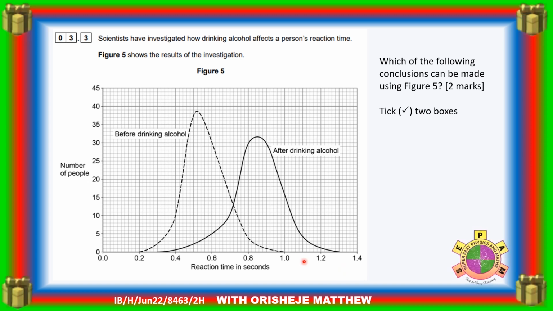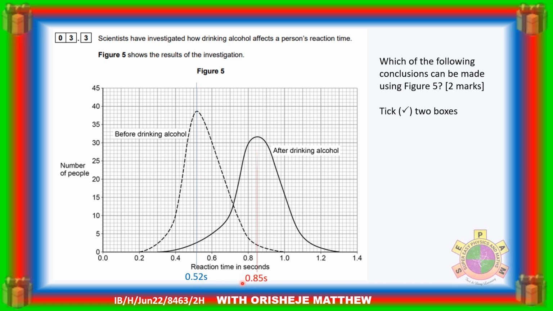Which of the following conclusions can be drawn from figure 5? First, let's look at the reaction time. The mean reaction time before drinking is about 0.52 seconds, that is before the person takes alcohol.